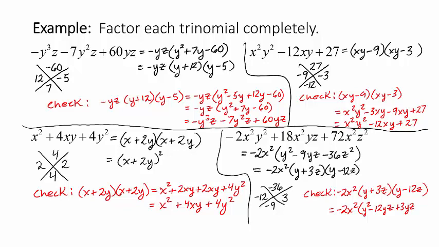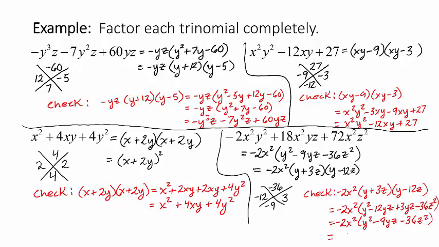And then the last, 3z times negative 12z is minus 36z squared. Okay, so we're going to clean up the middle term there. So we got y squared, negative 12yz plus 3yz is minus 9yz. And then we also have minus 36z squared.